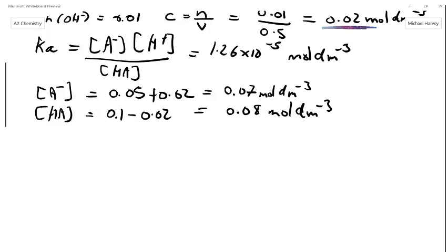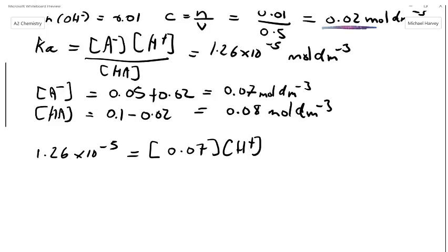So now we can determine that 1.26 times 10 to the negative 5, which is the Ka of propanoic acid, equals 0.07 times H plus, which is what we're trying to aim for to work out the pH, divided by 0.08.